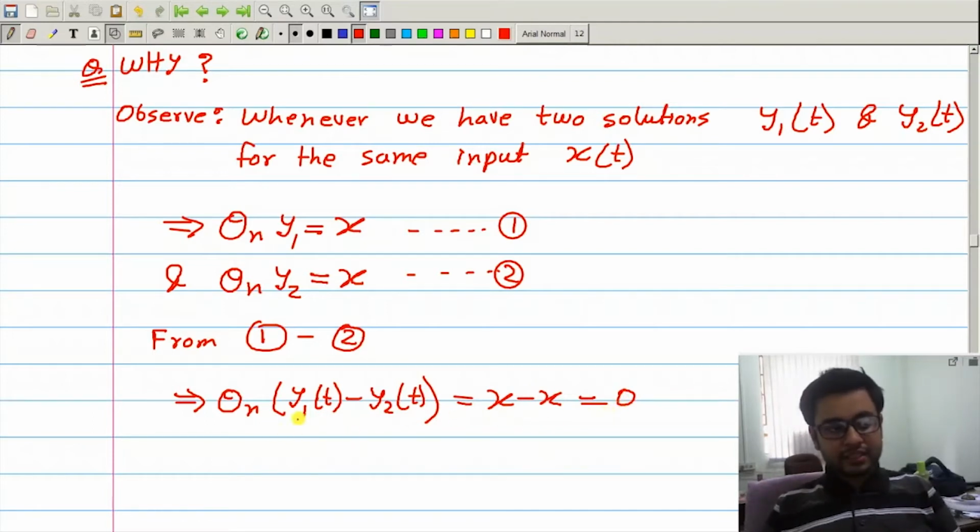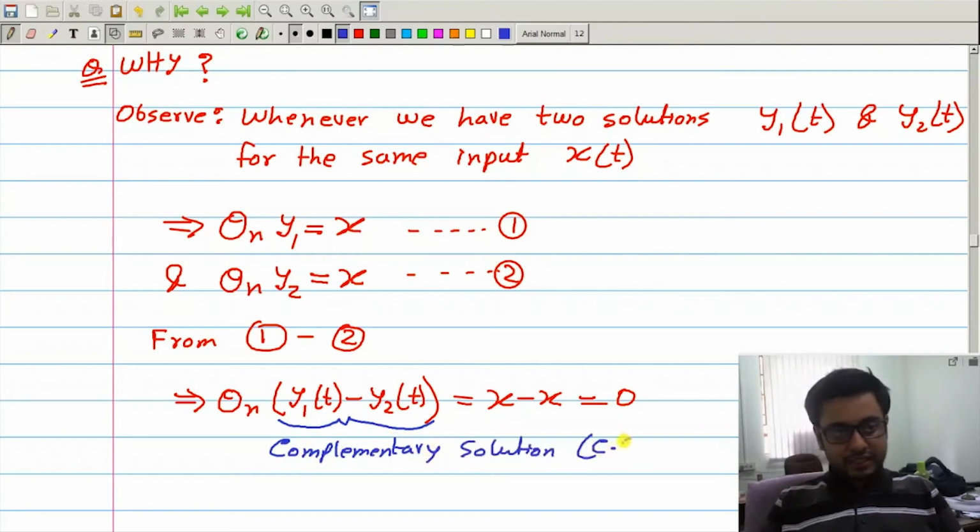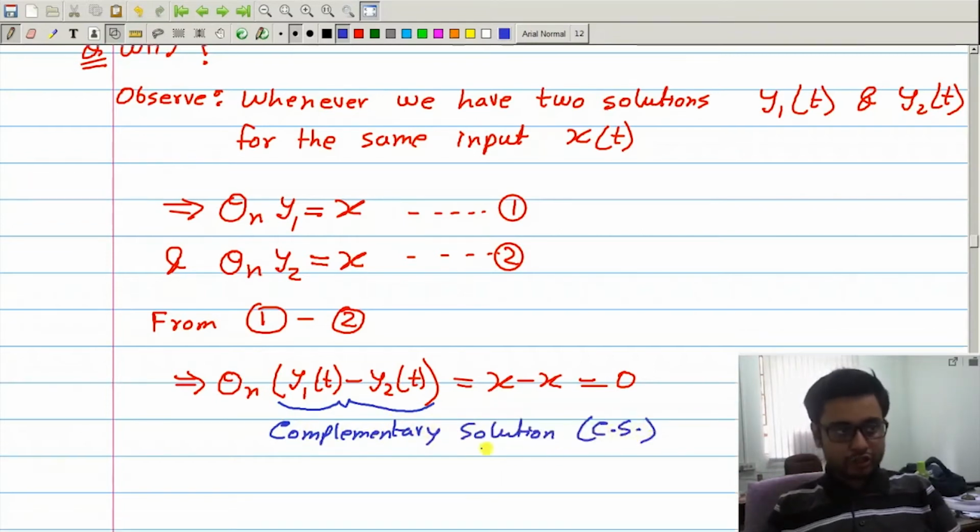That means this is a signal which gives 0 when acted by this operator O_N. So this is called a complementary solution or complementary signal, CS in short.